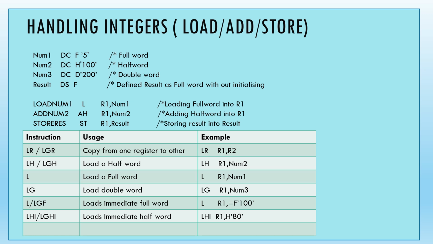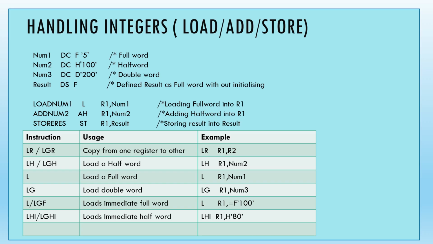What do you mean by =F'100'? It is a literal. So instead of defining num1 somewhere and assigning a value of 100, I'm directly using L R1 comma =F'100'. Second one, the last one, LHI, means load halfword immediate.